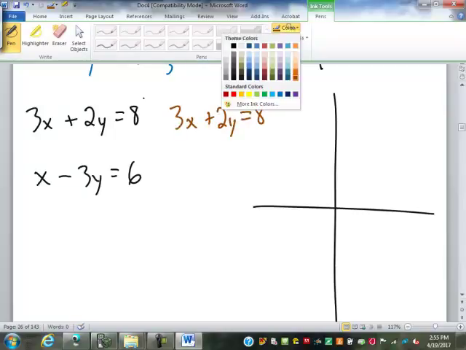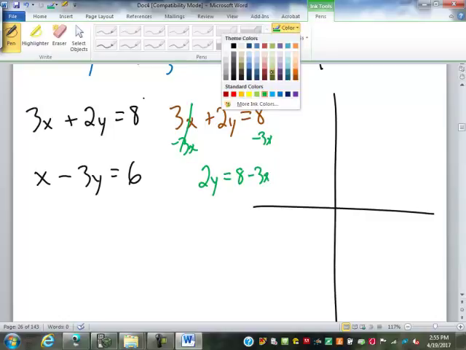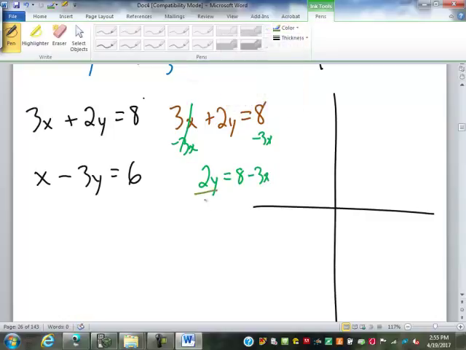And as you said, we would subtract 3x. So we've got 2y equals what? 8 minus 3x. What would be next? Divide by 2 to get y by itself. So y equals what?